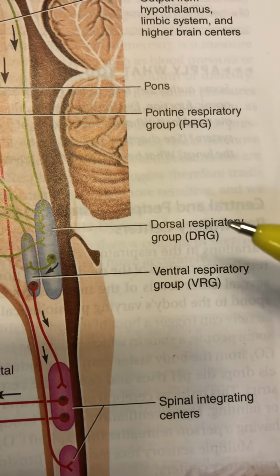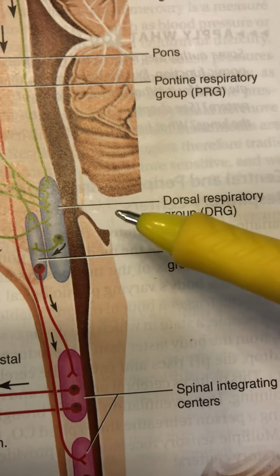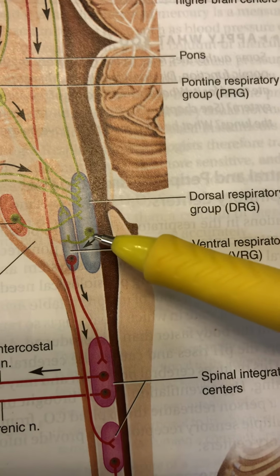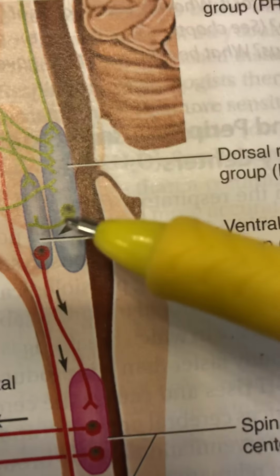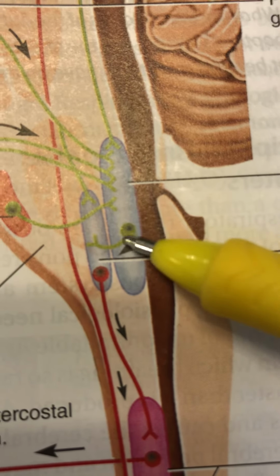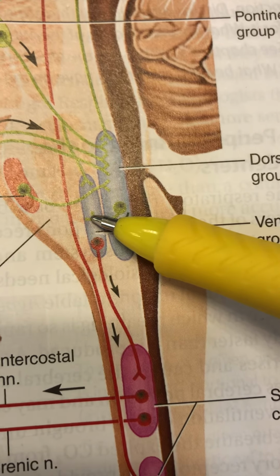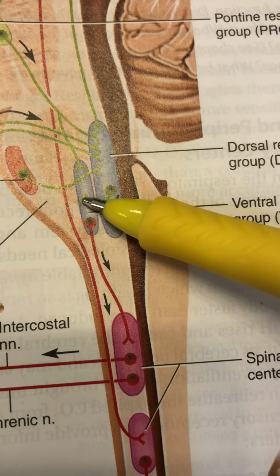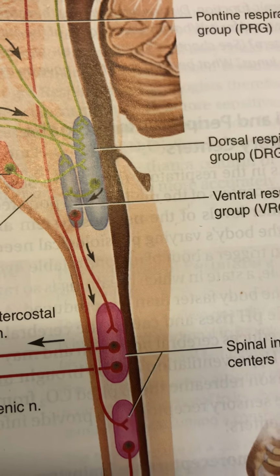Now the DRG issues output to the VRG. Okay, so as you can see, there is this connecting line from the DRG to the VRG, because it says the DRG issues output to the VRG that modifies the respiratory rhythm to adapt to varying conditions.